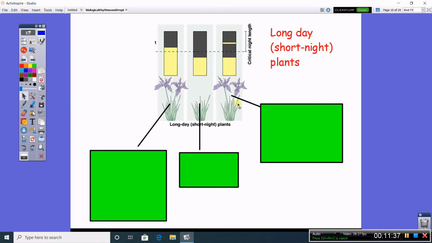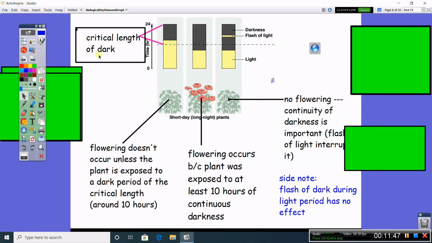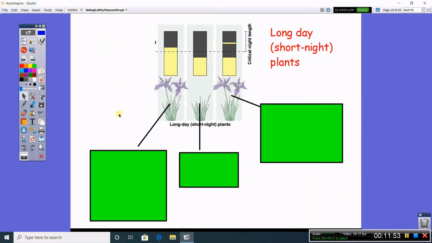This is showing you an iris in this picture, and I want you to see how this is different from what we did for long night, short day plants. Again, it's not about just memorizing a diagram, it's understanding what it means to be a short night plant and what they require.